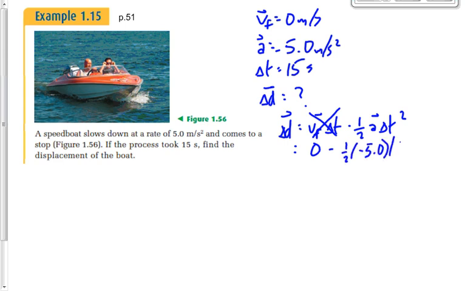T is 15. Don't forget to square that. 15 squared is 225. 225 times 5 is, I think, 1125 times a half is 562.5. Is that right? Which would round to give me 5.6 times 10 to the 2 meters.